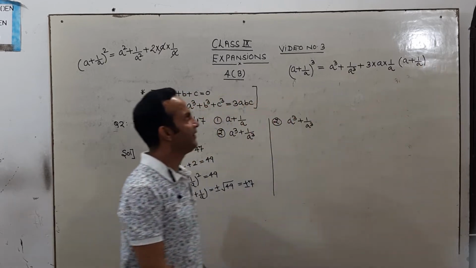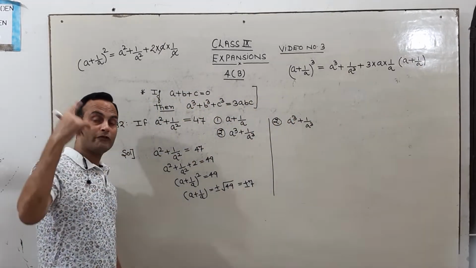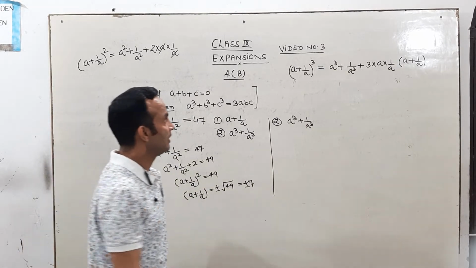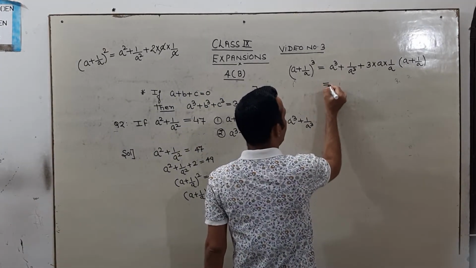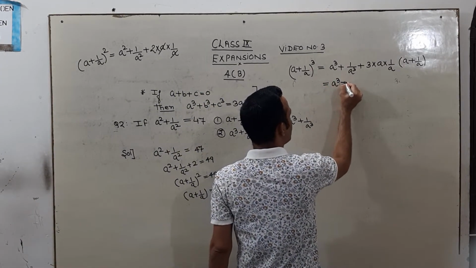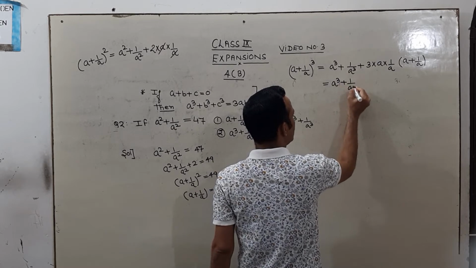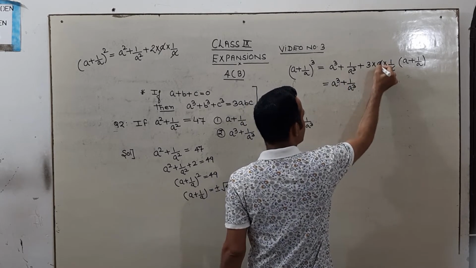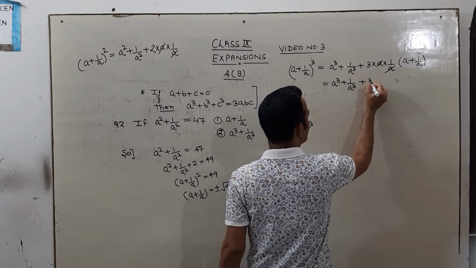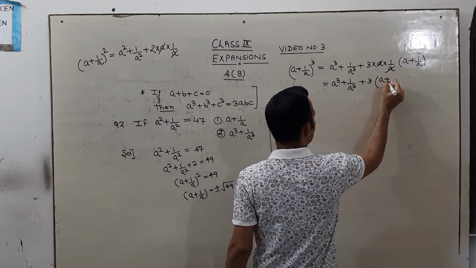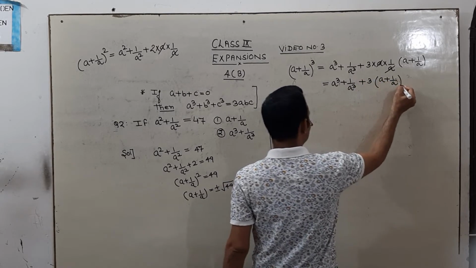We can open this identity by using the formula of (a plus b) whole cube. This is what a cube plus 1 upon a cube. You can see, cancel, we obtain 3 times of (a plus 1 upon a).